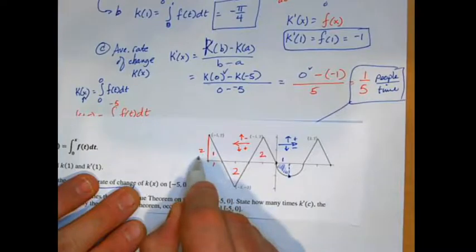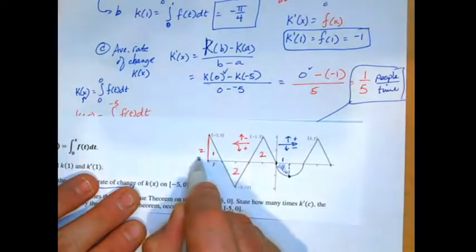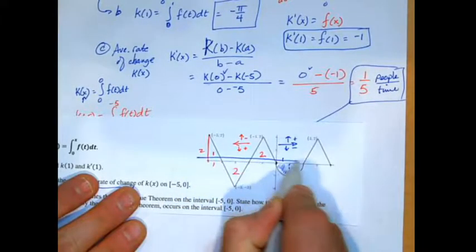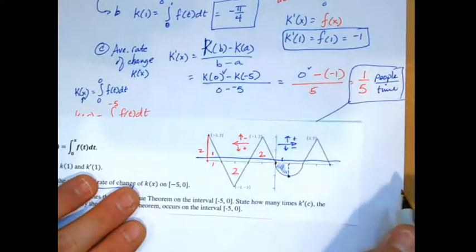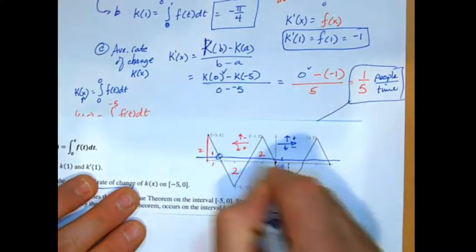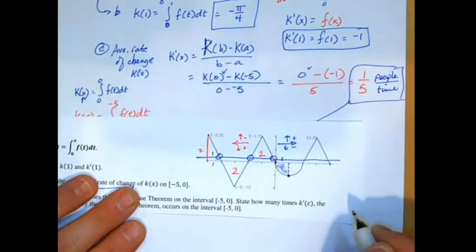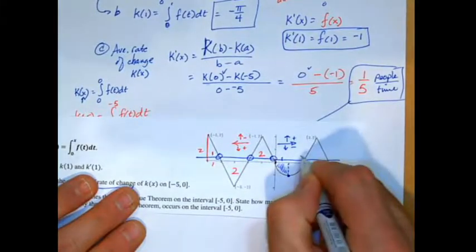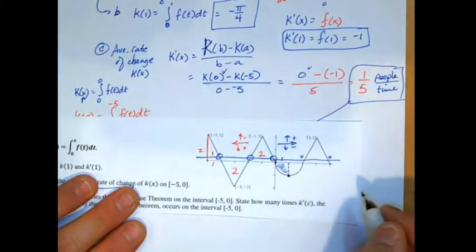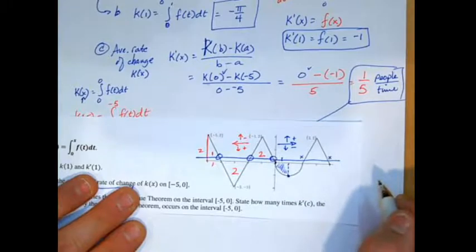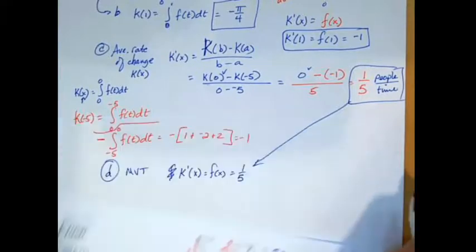So we're going to take our graph and think about where f of x equals 1/5. And we have 1, 2, and 3 times. We don't include this one and this one. Why? Because it's not in the interval from -5 to 0.